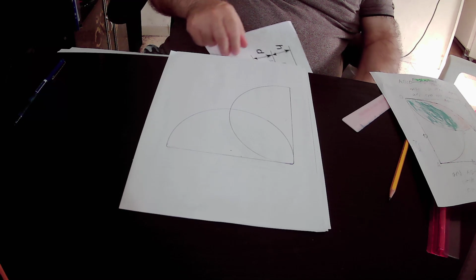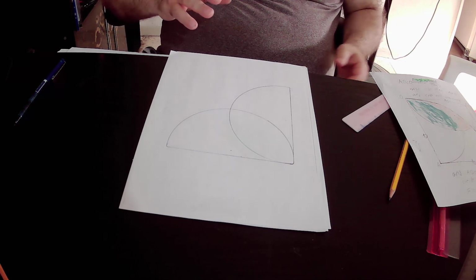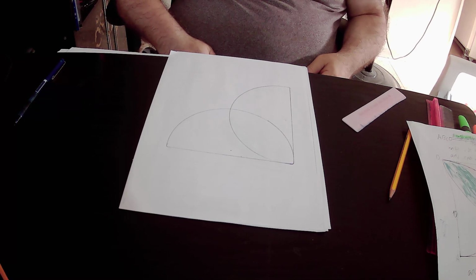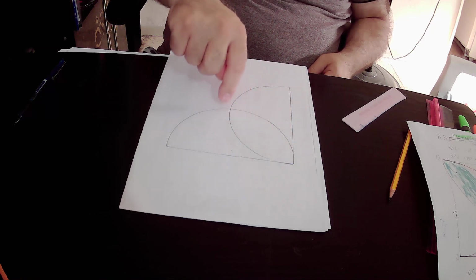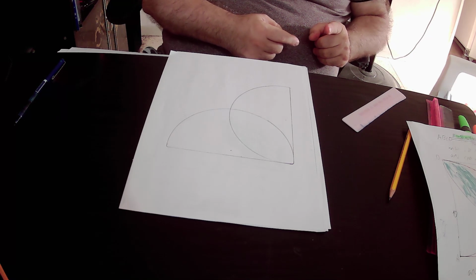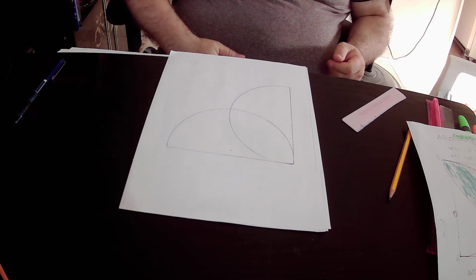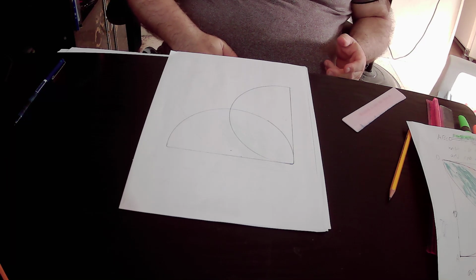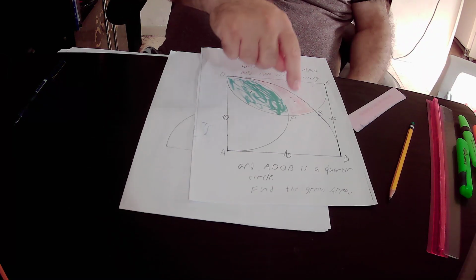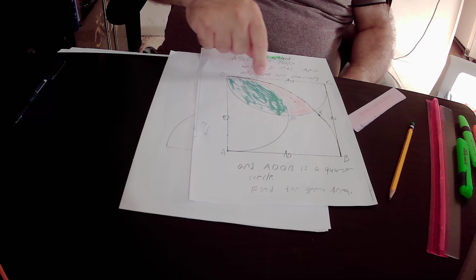Okay, so we start with the first method. In the first method, we will build a general formula for the area of this lens that was created by two semicircles that are perpendicular to each other, and we'll use the new formula in order to find the area of this blue lens that was created by two semicircles that are perpendicular to each other.